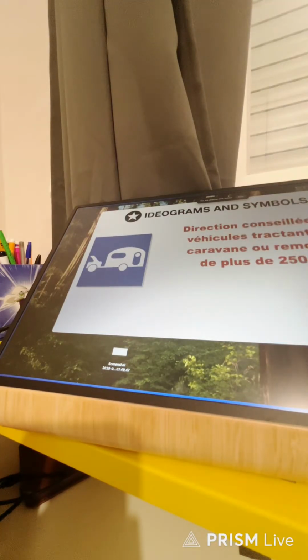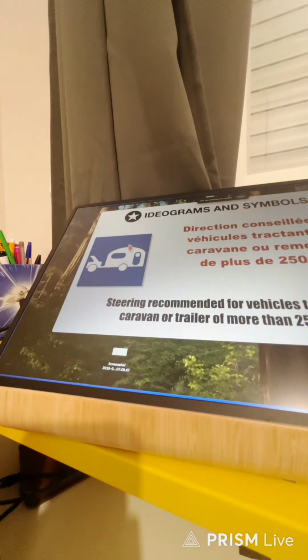Also for people that have a caravan attached to their car as well. As you can see, this is attached to this. It's also telling them this is a direction for you as well. But it is only for those whose caravan is more than 250 kg. Take note. There are some people that have a very big caravan, a very big camping car that they attach to their car, and there are some that attach a small one, maybe to just put a load.